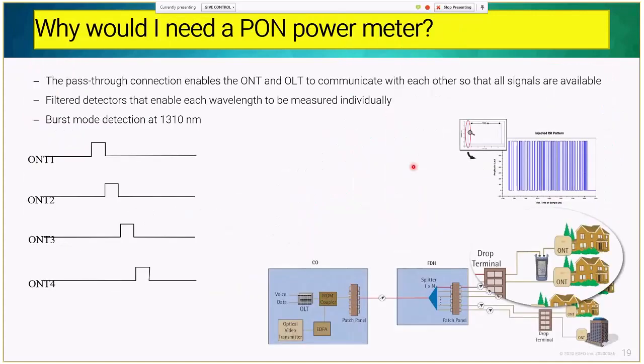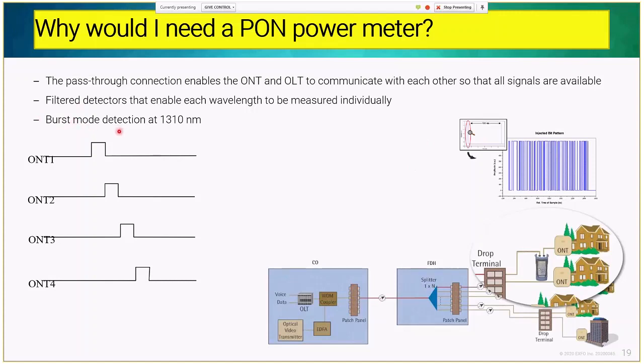Why is it so important? As I mentioned, if you don't have the signal coming from the OLT to the ONT, the signal that comes at 1490, the ONT will never transmit the signal back, or it will not keep the signal active for long due to the specification of the PON.